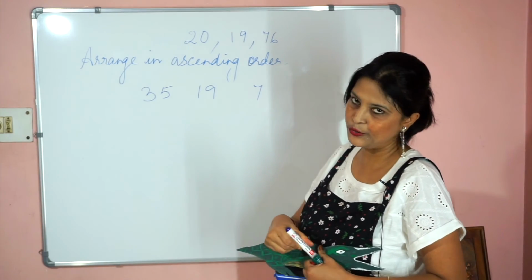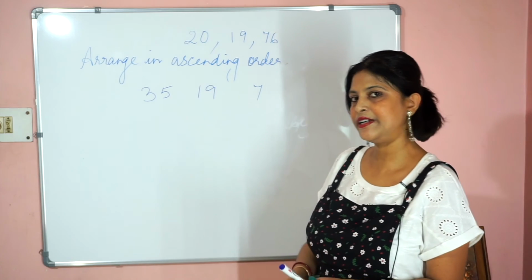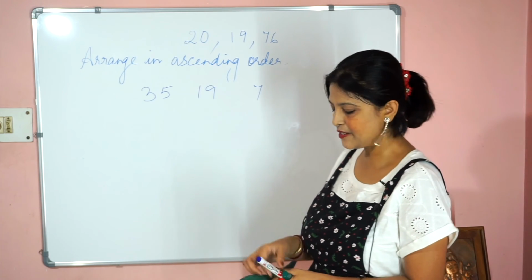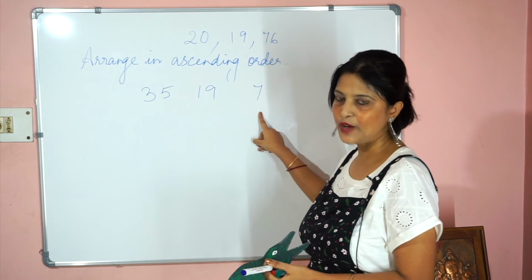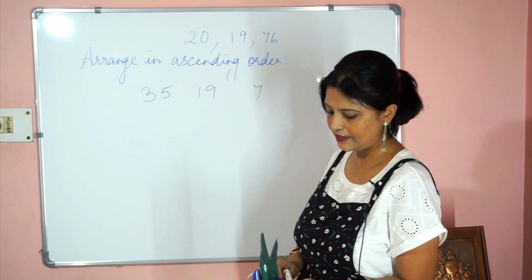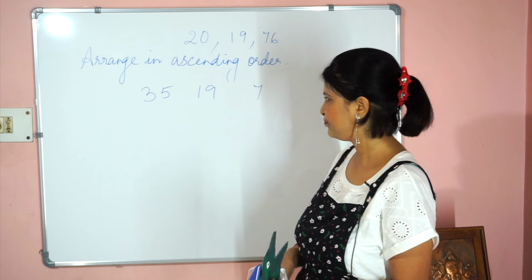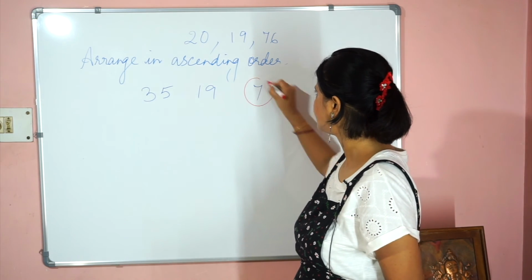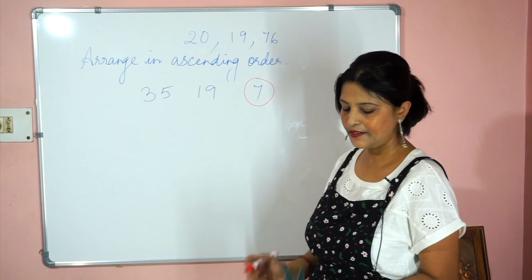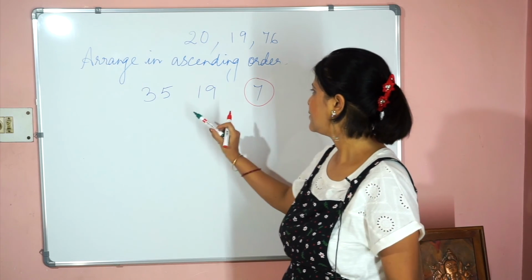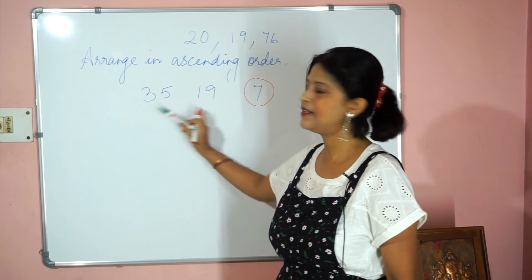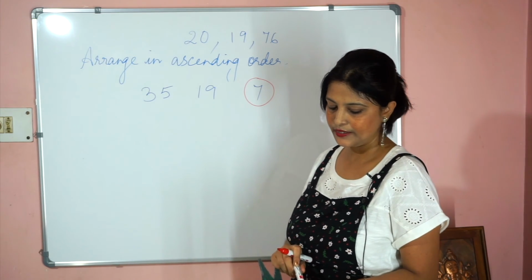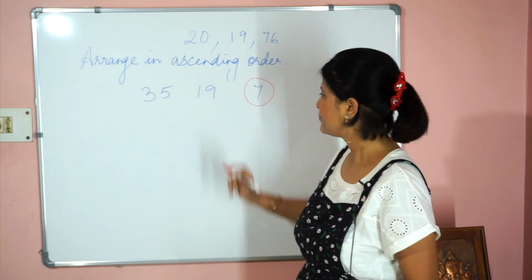So, we know that a single digit number is always smaller than a two digit number. So, the smallest one we will color with red and the biggest one we will color with green. Which is the biggest among these two given numbers, 35 or 19 children?